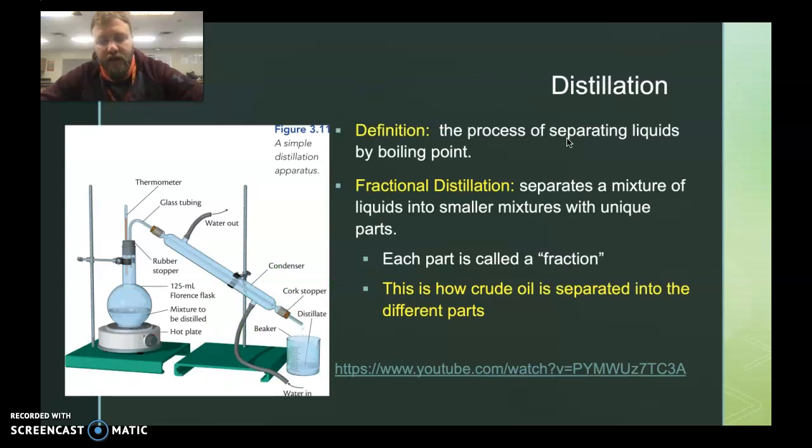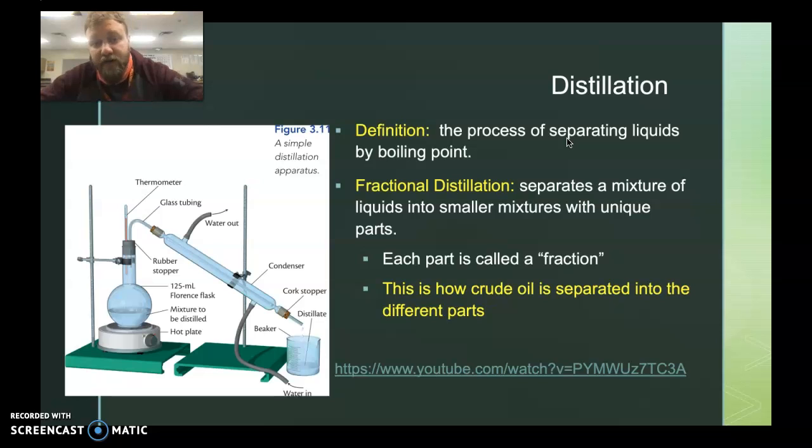So how we use crude oil and get all these different products from it is we use what we call distillation, and specifically fractional distillation. Distillation is where you separate liquids by their boiling point. Where you may have heard this before is purifying water.